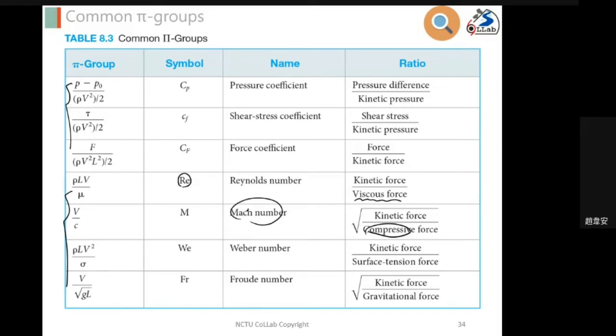And the Weber number is very useful if your problem involves the effect of surface tension force, which usually is involved at the liquid to gas interface. And the final one is the Froude number. The Froude number is used if your problem considers the gravity effect.